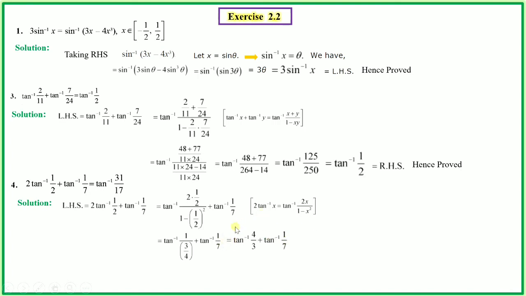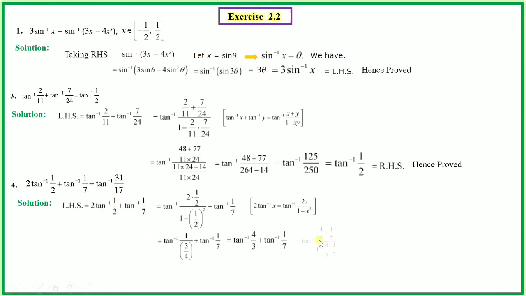Now we have reached the same step as in question number 3; the left hand side of question number 3 and this term are similar. Now we will use the formula tan inverse x plus tan inverse y is equal to tan inverse of x plus y upon 1 minus xy. Then we will reach the right hand side of our question.